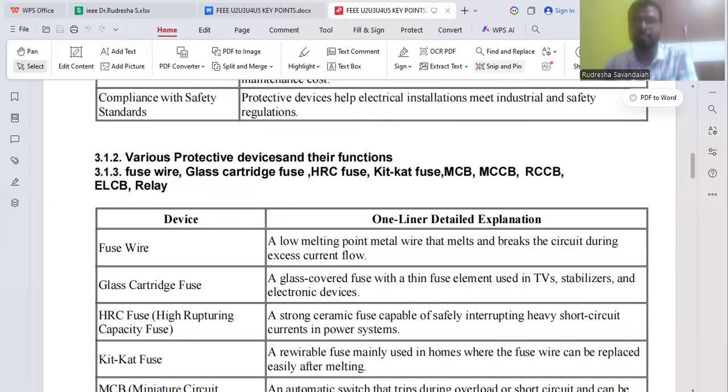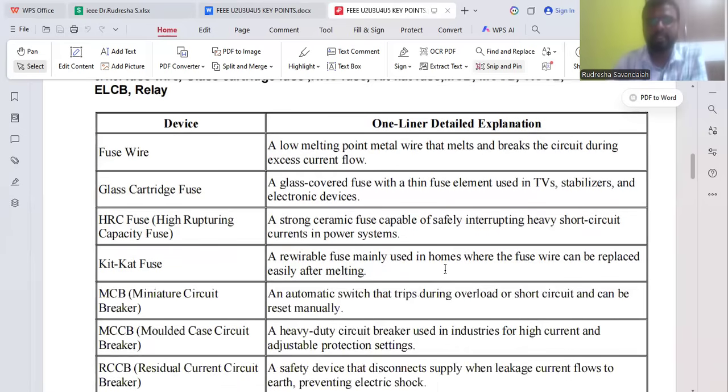Fuse wire: a low melting point metal wire that melts and breaks the circuit during excess current flow. Glass cartridge fuse: a glass covered fuse with thin fuse elements, used in TVs, stabilizers, and electronic devices.